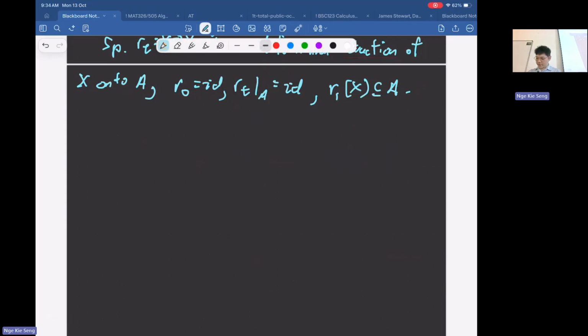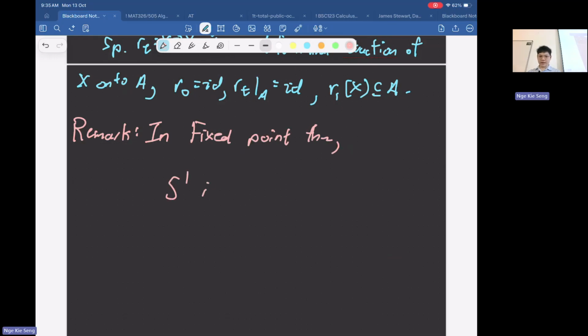So what can we see here? Remark. In the fixed point theorem, we already somewhat saw that S1 is not a retract of D2.